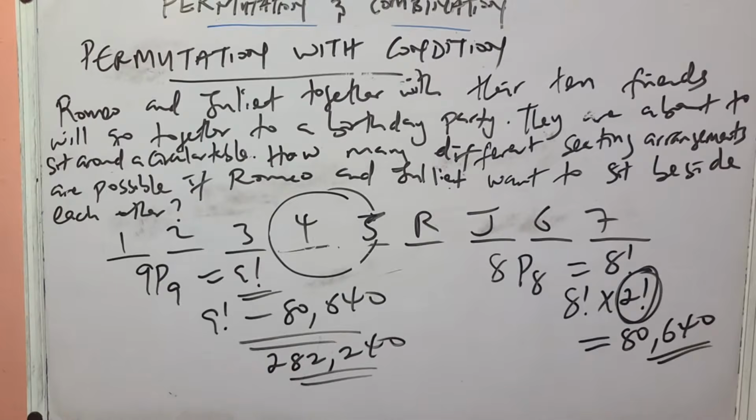Now, how many different sitting arrangements are possible if Romeo and Juliet want to sit beside each other? How many different sitting arrangements are possible if they want to sit beside each other?